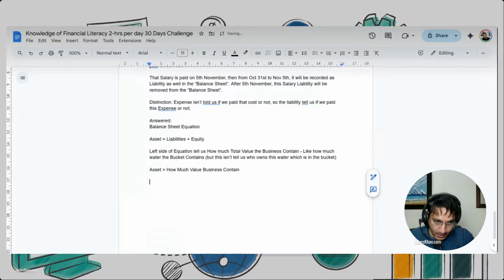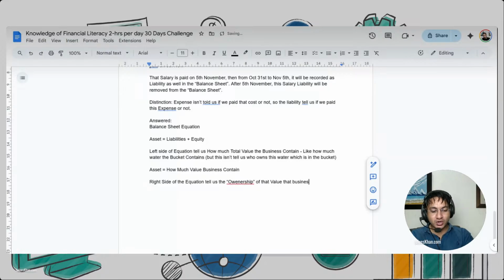Now the right side of the equation tells us the ownership of that value that the business contains. Yeah, got it.